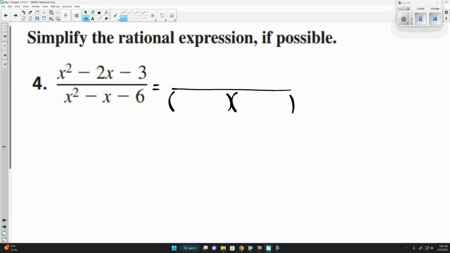Since the 6 is negative, our signs are opposite. Likely factors of the first term are just x and x. Now factors of 6 are 1 and 6, or 2 and 3. Which one do we want to use, which one positive, which one negative?